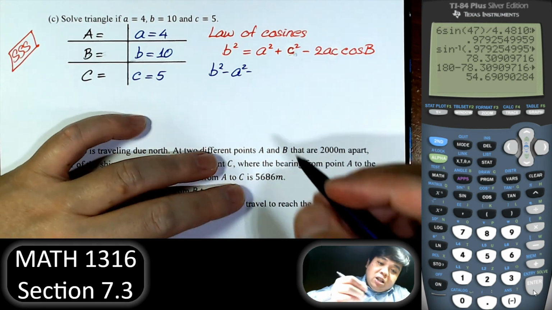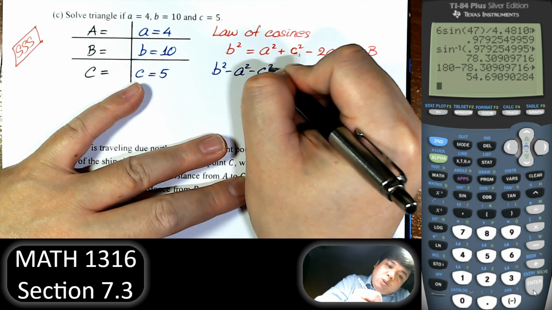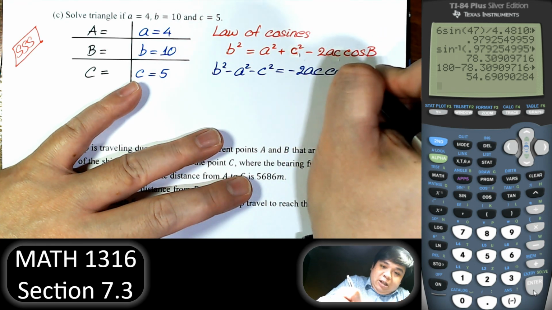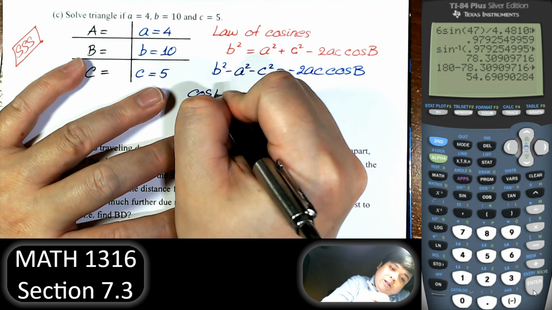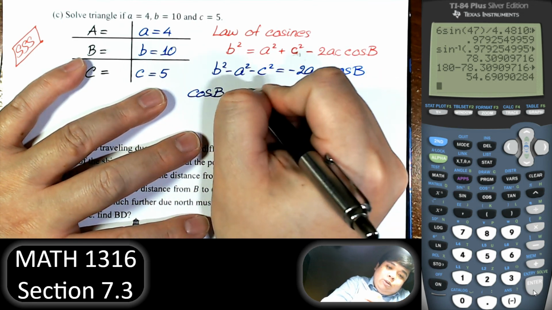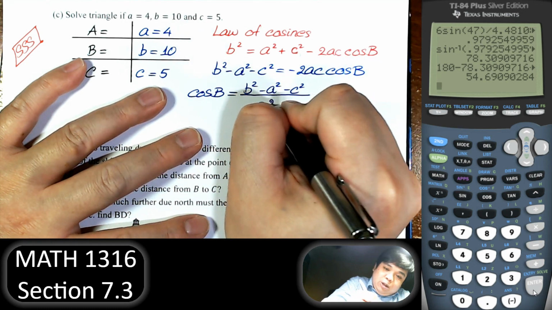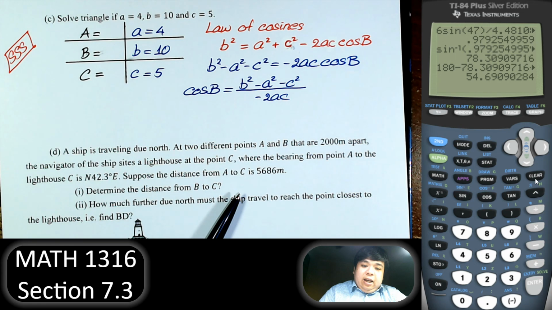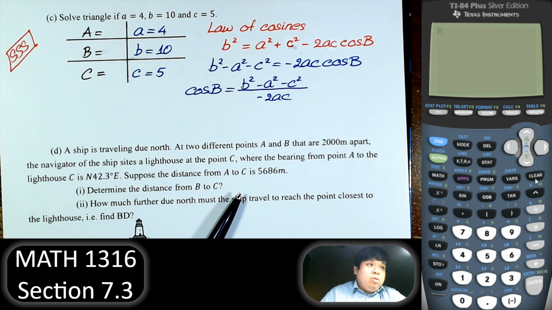B square minus a square minus c square equals negative 2ac cosine of B. So cosine of B equals b square minus a square minus c square over negative 2ac. Right. Yeah, we can store the numbers in, or we can just do the math.